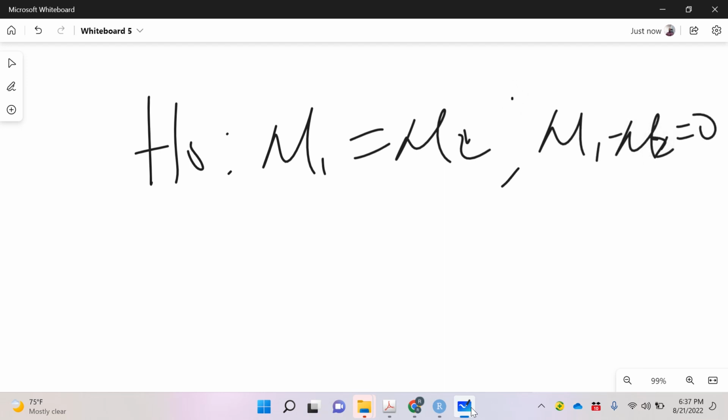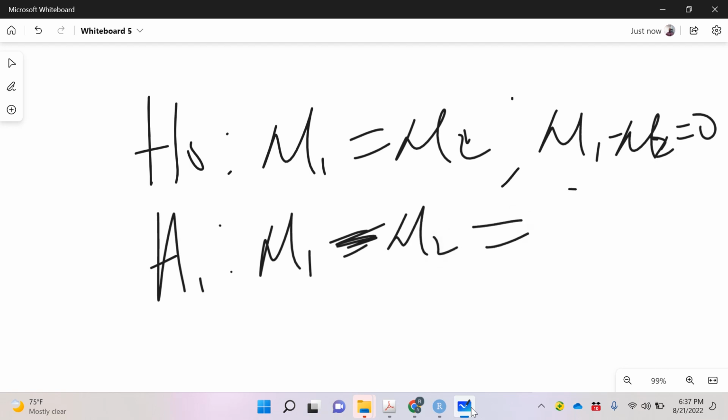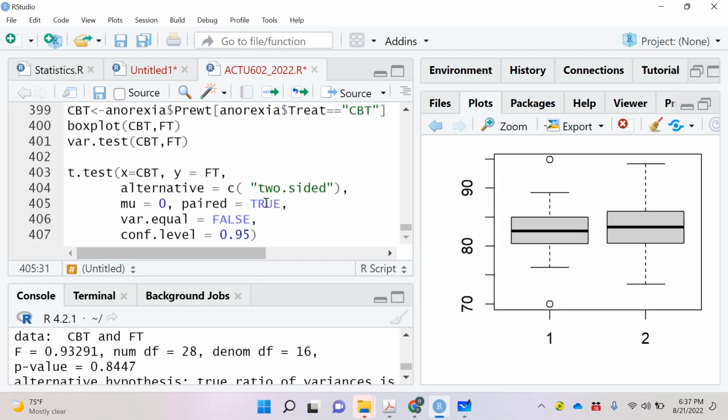Is that okay? That's the hypothesis. The other one we are checking is that mu1 minus mu2 is not equal to 0. So mu should still be 0. Paired is false. Yeah, you are right. For false, we can just write F. That is also accepted.